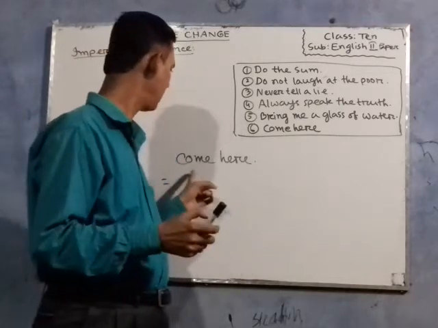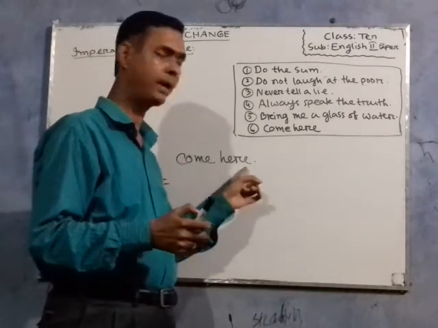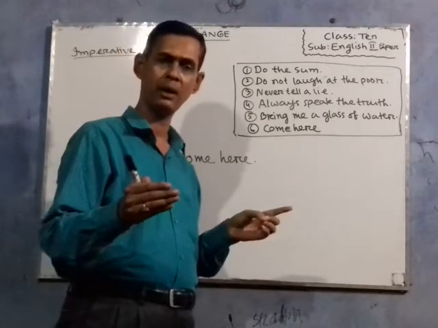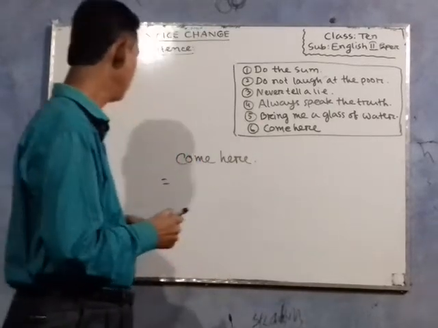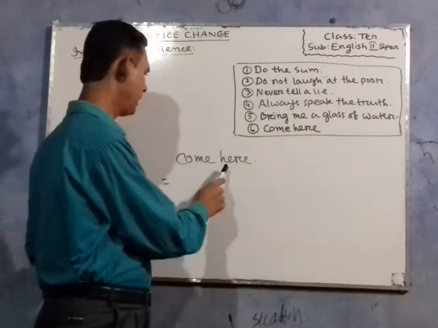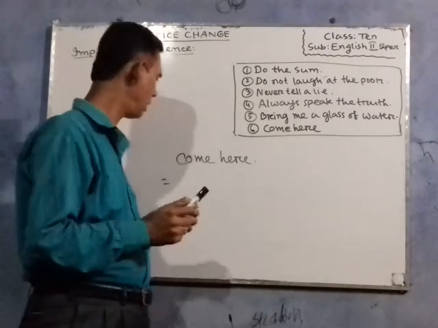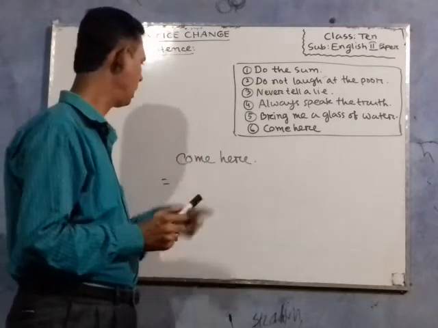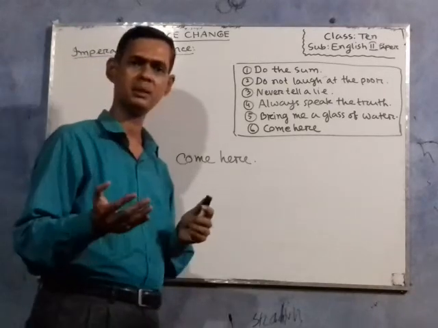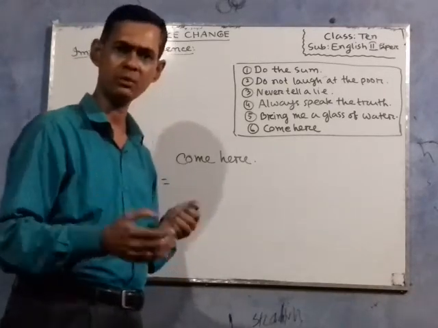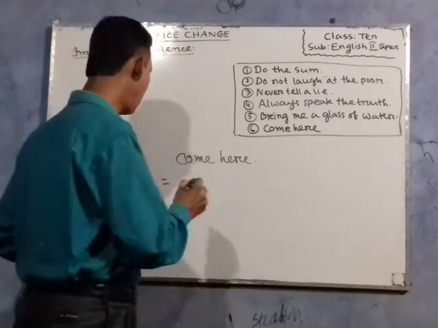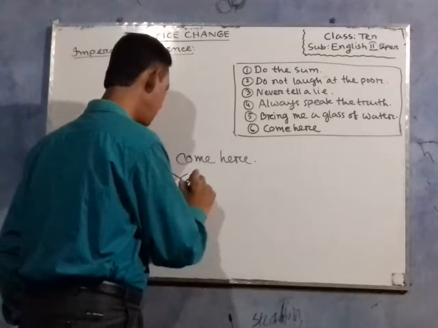Then you will write down the sentence unchanged. So, come here. Here, this is not an object. This sentence denotes order. That is why you have to write "you are ordered to".